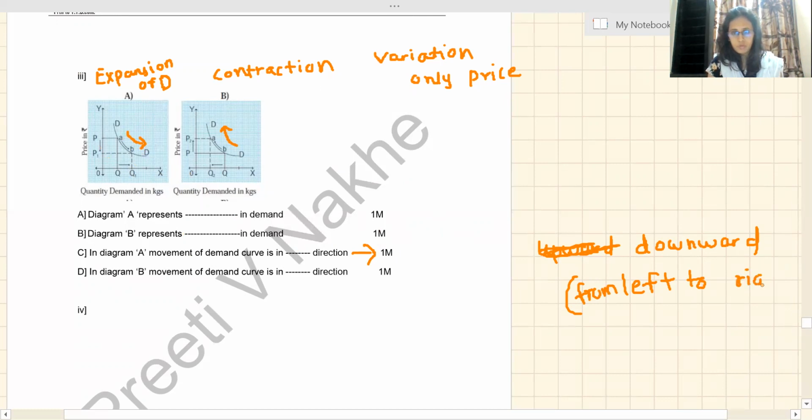And in diagram B, you can see it goes in the upward direction, that is from right to left.